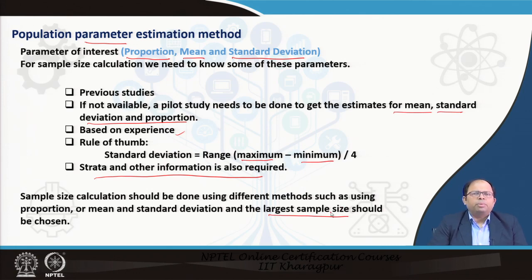But it is sometimes not practical, that means we cannot do all methods. In most cases, the proportion method is most appropriate, but if proportion is not known, we can go for mean and standard deviation. Usually we need to find out whichever gives the largest sample size, and we should adopt that to be on the safe side.